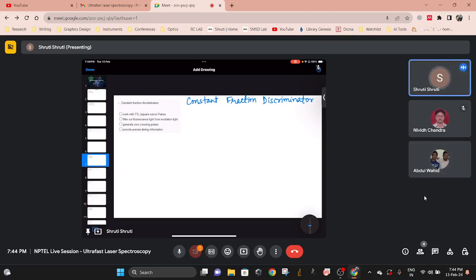So the constant fraction discriminator is an instrument in the TCSPC setup which takes care of the timing information of the photon pulses. If two photon pulses are coming at the same time, the capacitor should get charged to the equivalent amount.